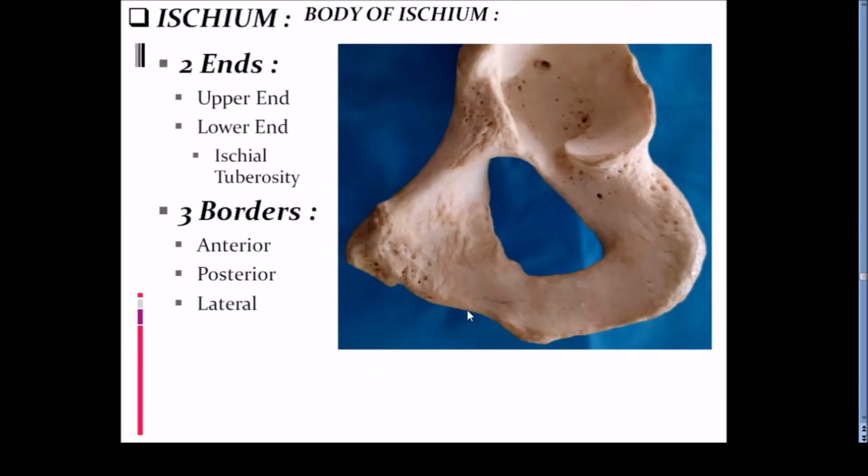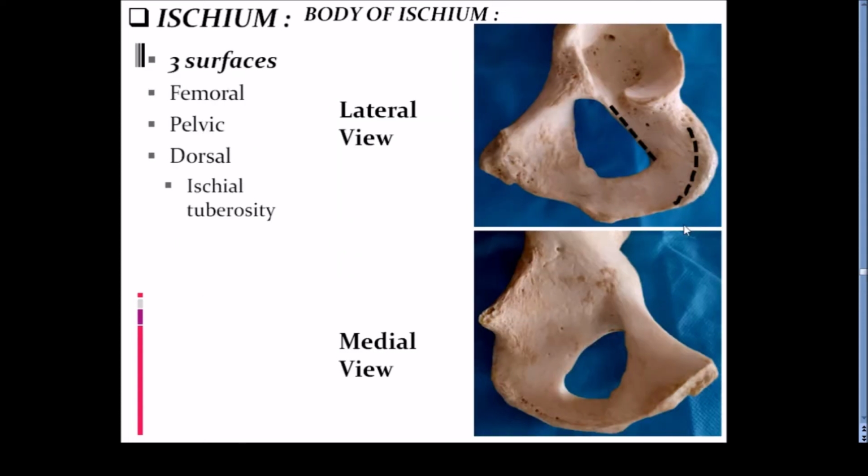Now the lateral border. The lateral border of body of ischium is formed by the lateral margin of the ischial tuberosity. This is the lateral margin of ischial tuberosity, which forms the lateral border of body of ischium. Now surfaces. Three surfaces. First, femoral surface.